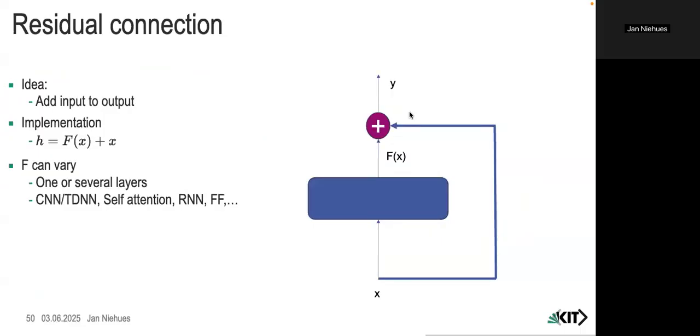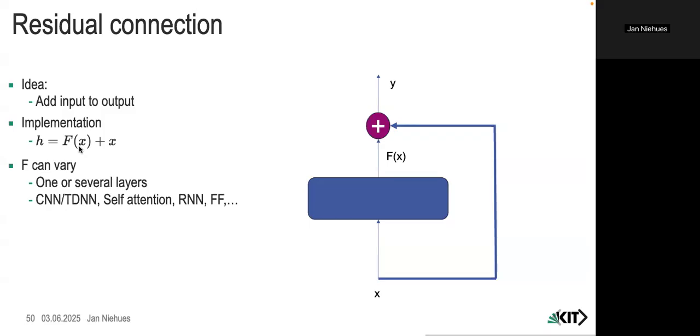What it mainly means is we are calculating our hidden function a bit differently. Typically our hidden function was f of x, where f could be a feed-forward network or RNN or self-attention or anything. So our hidden representation is always a function of our input. If you have a feed-forward, it's a matrix multiplication times this.